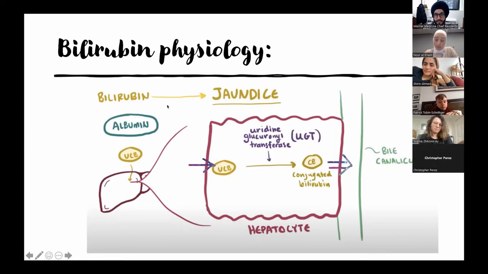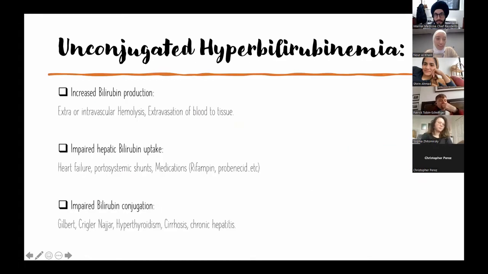So this is the date journey. Just a reminder of the causes of indirect hyperbilirubinemia. It might be due to increased bilirubin production because of hemolysis, or a huge hematoma with breakdown of blood cells.